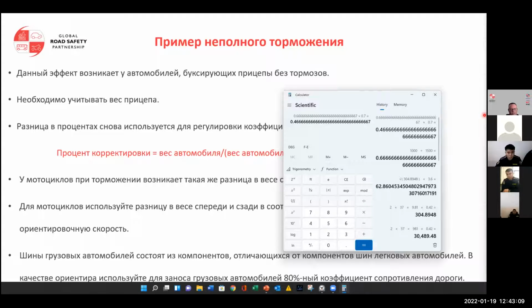From studies performed at crash testing situations around the world, we've determined that a truck tire will only give you 80% of the drag factor as compared to a car tire. So if you're measuring a truck skid, you have to adjust the drag factor by 80%. So multiply by 0.8 and use that adjusted value in your skid equation. That accounts for the difference in rubber compound of the tires on the truck.